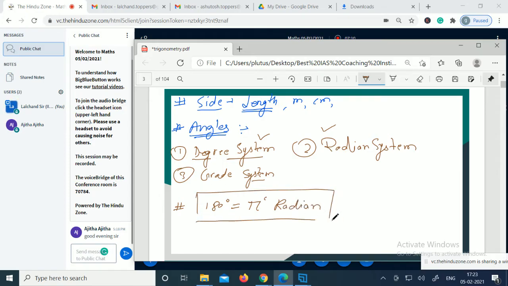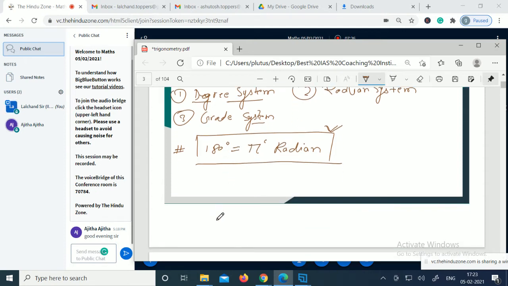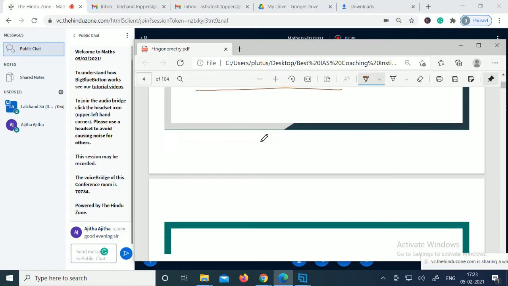There is an equation, 180 degree equals pi radian, to convert the angle. Yes. Okay, so we use that equation to convert radian to degree and degree to radian. The grade system is not much important. It is not used much right now. Basically this system was given by the French people. So mostly we use degree or radian in trigonometry. Okay.